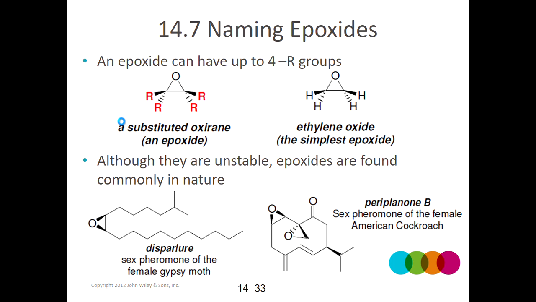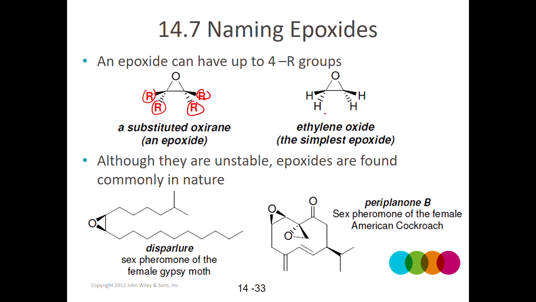So before we get into more reactions that epoxides undergo and can be formed through, if you're naming an epoxide, there's really two naming systems. If you look at the structure of an epoxide, you can see there are up to 4 R groups that could be there. Those could be hydrogens.